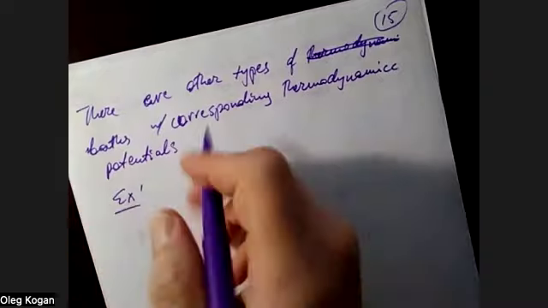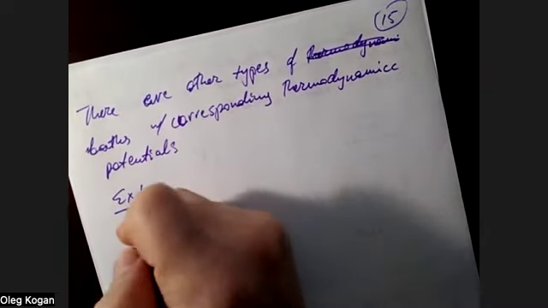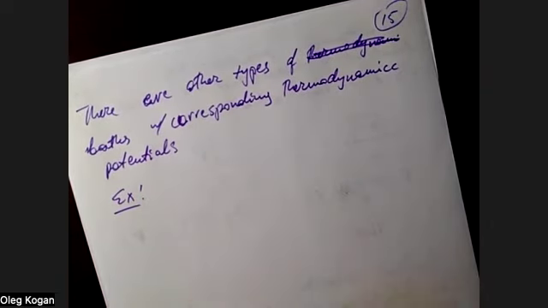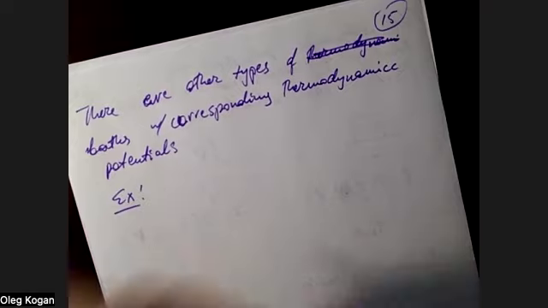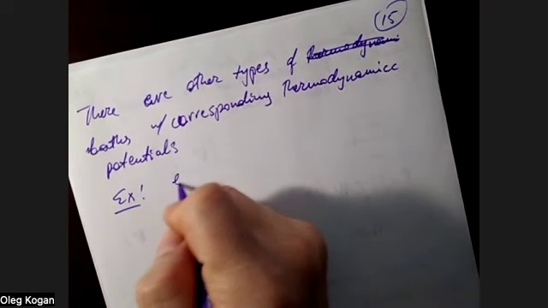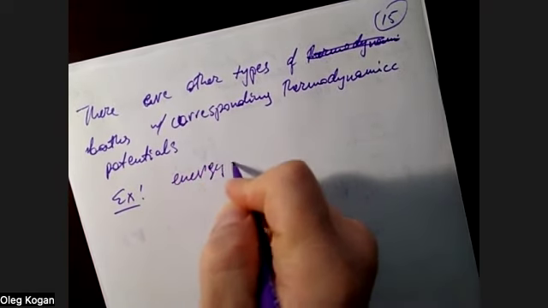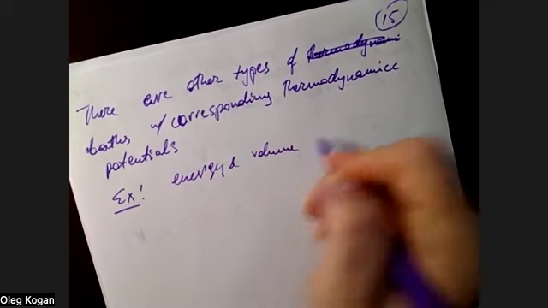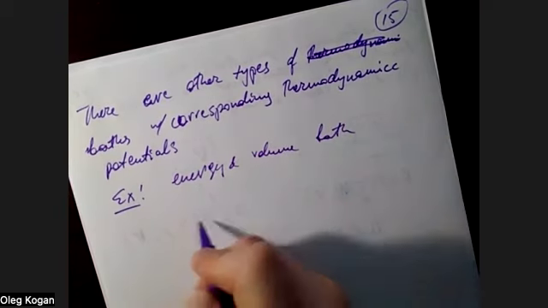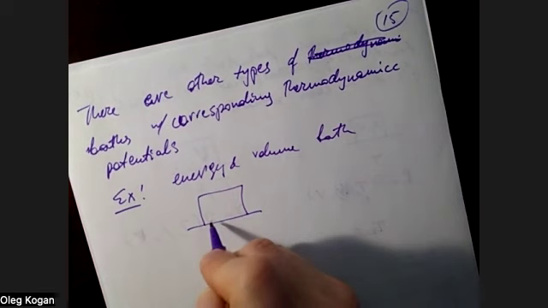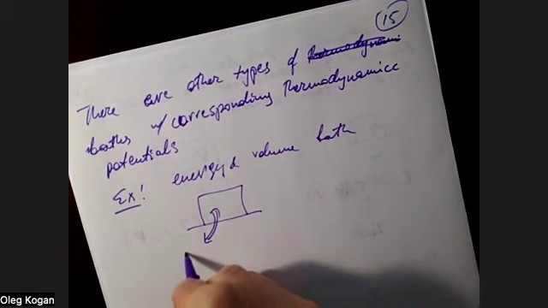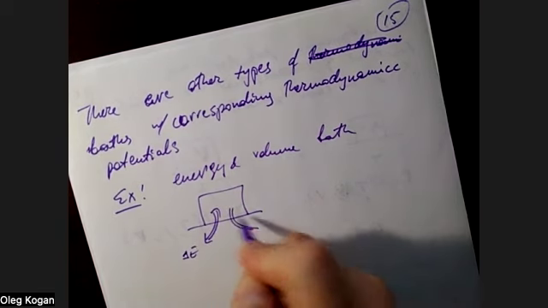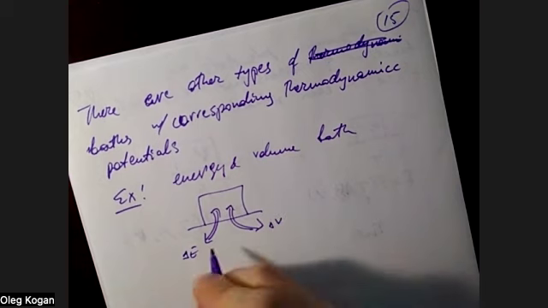For example, you can have an energy bath and a volume bath. So instead of exchanging particles, a system can exchange volume. Right? So the system can exchange energy, the system can exchange volume.